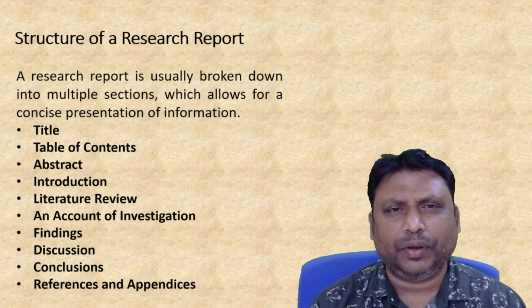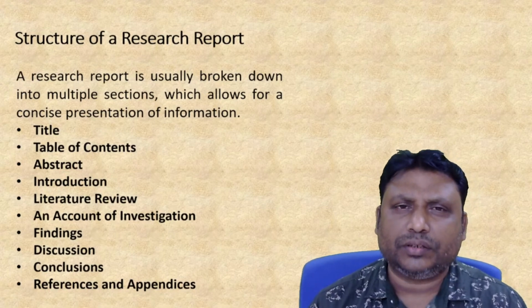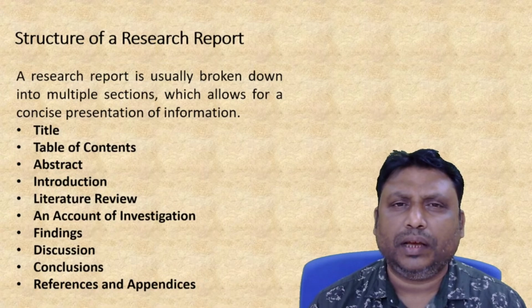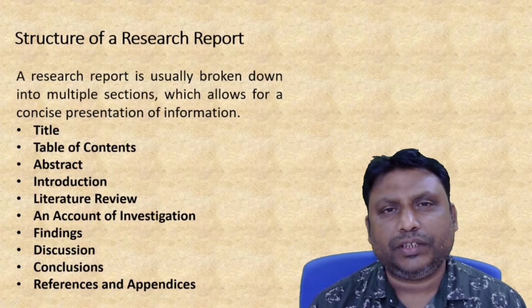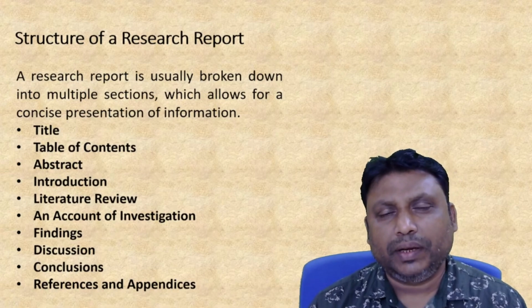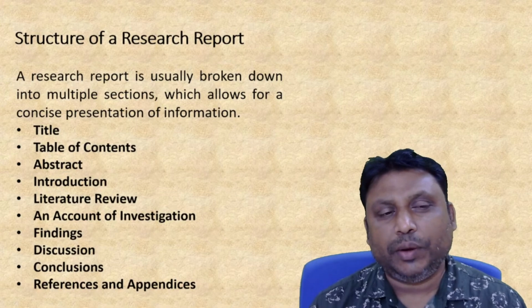I have given an example everywhere. Suppose you want to do your research regarding the development of education in a particular institution. That means the process of the education system should be changed. Accordingly, you have to take the title.